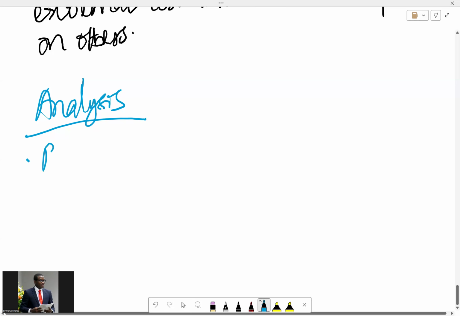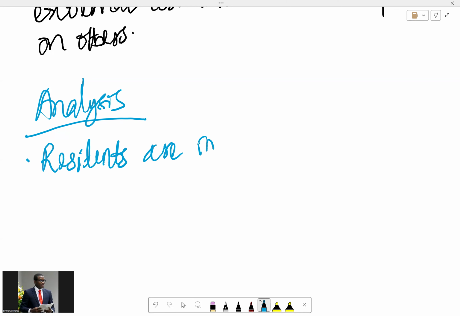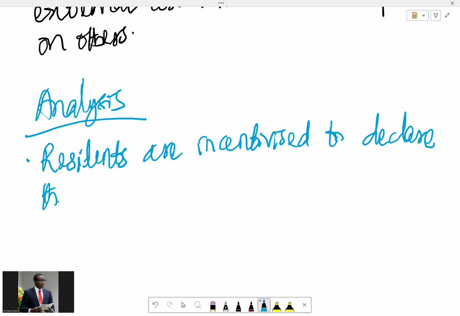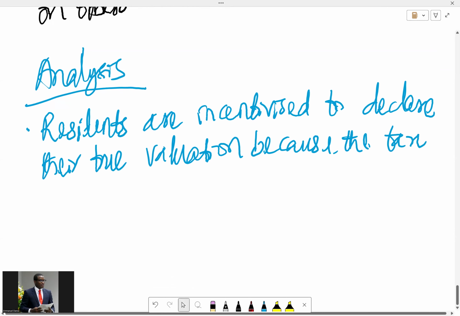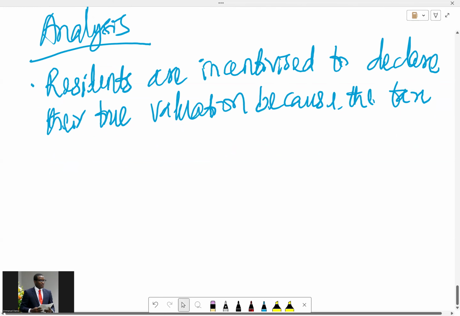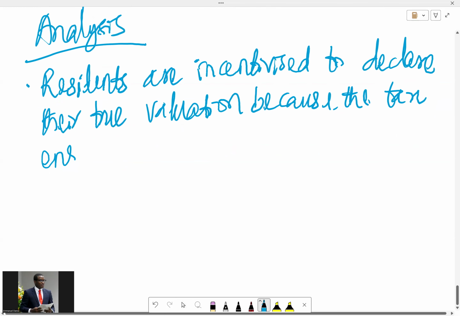First of all, you see that residents are incentivized to declare their true valuation, because the tax ensures fairness. So whatever you end up putting up, whether you overprice the park or underprice it, it's going to tell in the tax you're going to pay at the end of the day.